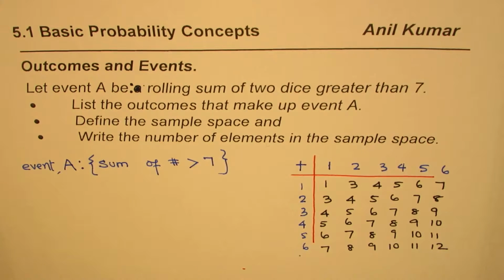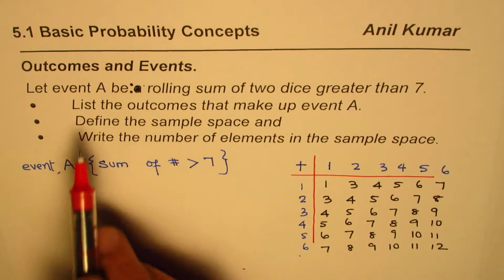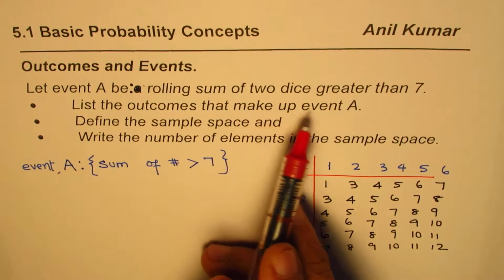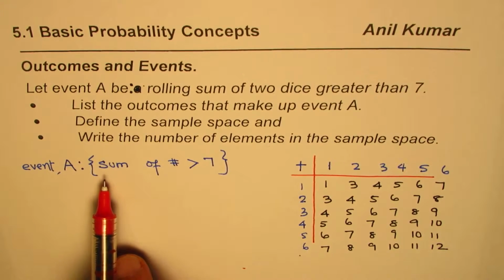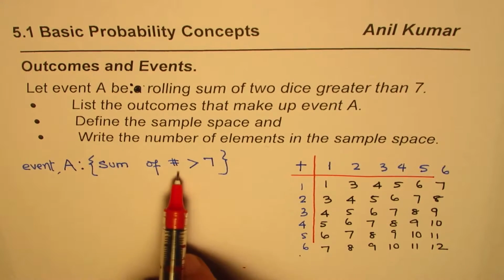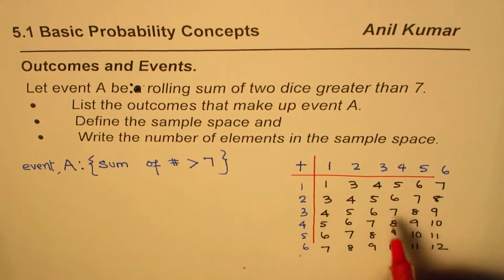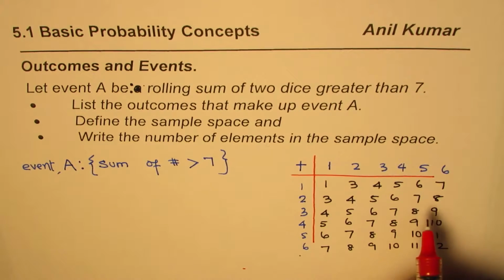Now let's look into the question once again. It says list the outcomes that make up event A. So what is our event? The event is that the sum of the numbers is greater than 7. So what we can do is circle all the numbers where the sum is greater than 7, correct?